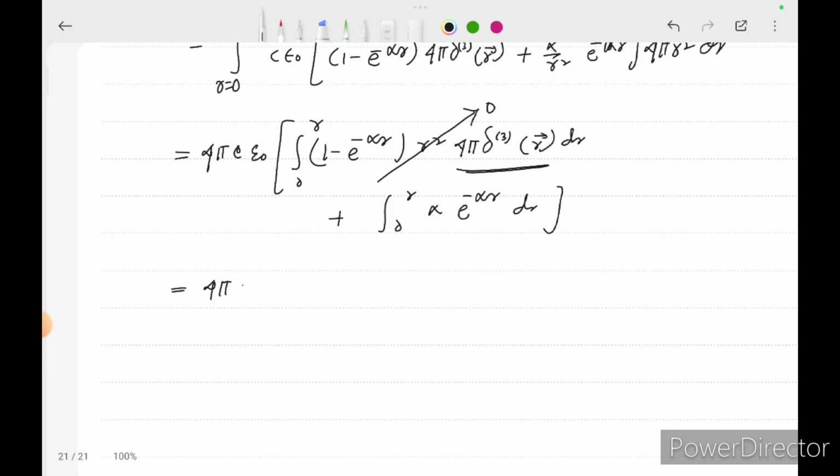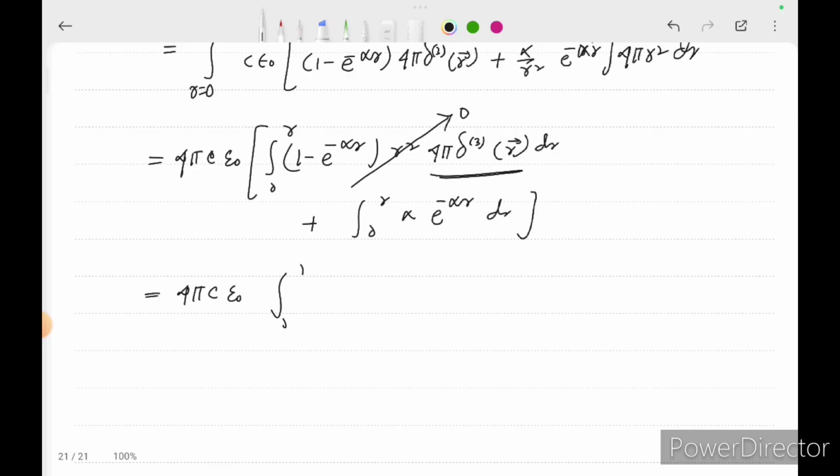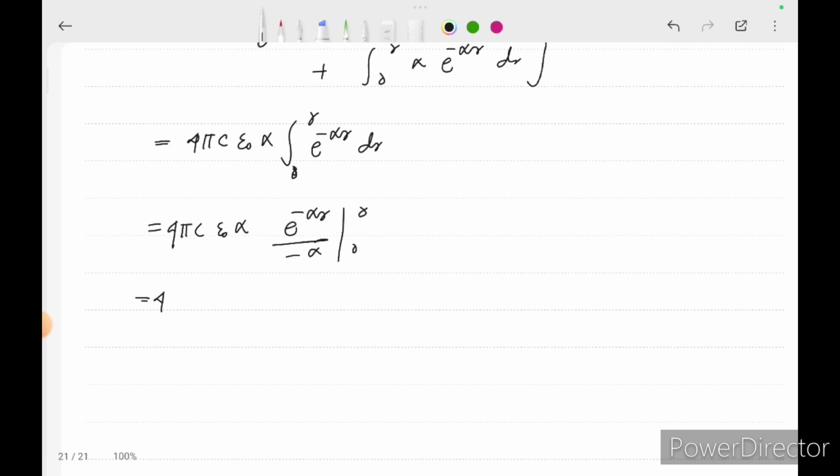So we get finally 4 pi C epsilon naught integral 0 to r, alpha e to the power minus alpha r dr. That is equals to 4 pi C epsilon naught times alpha, minus e to the power minus alpha r divided by alpha, from 0 to r.